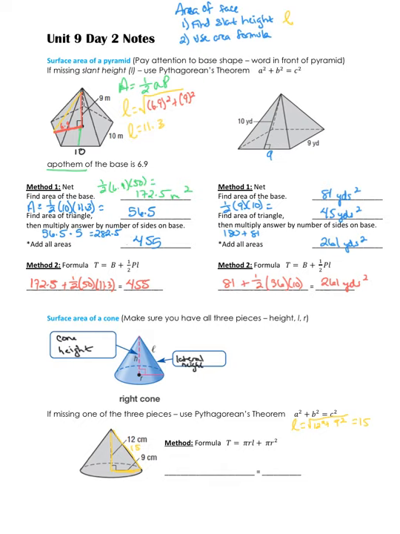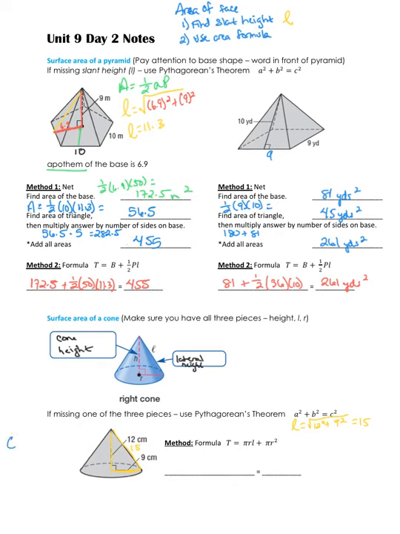Now remember, I pointed some stuff out to you another time. The perimeter of the base. What would that be? Well, that's called the circumference, which is called pi. Now, this is the same formula, but it looks different.